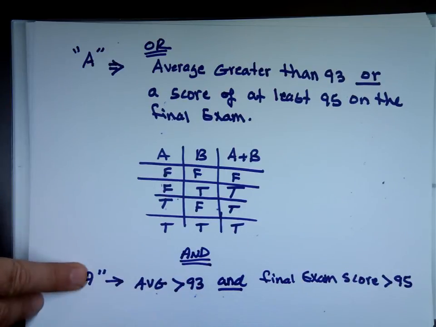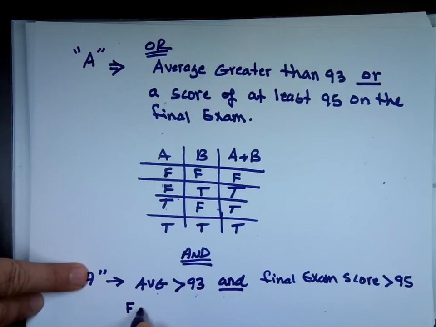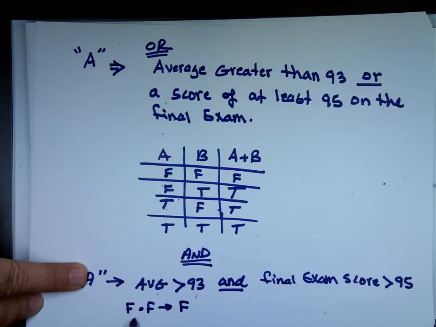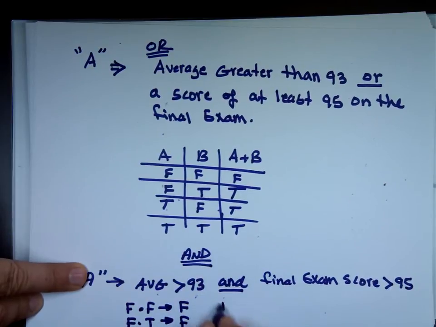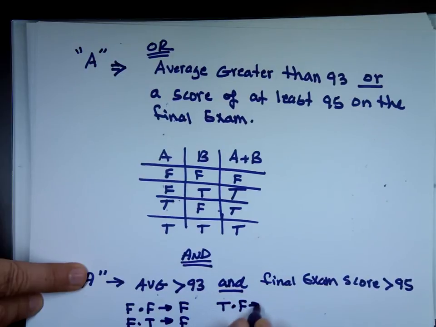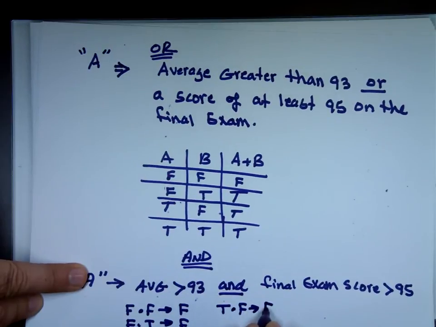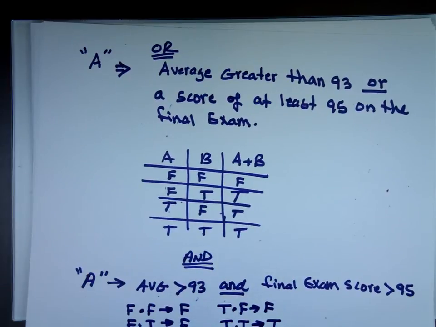So with the AND, if you have false and false, the result is what? False. False and true, the result is false. True and false, the result is false. The only way to get a true result is what? Both conditions have to be met. Both have to be true. So that's the difference between AND versus OR.